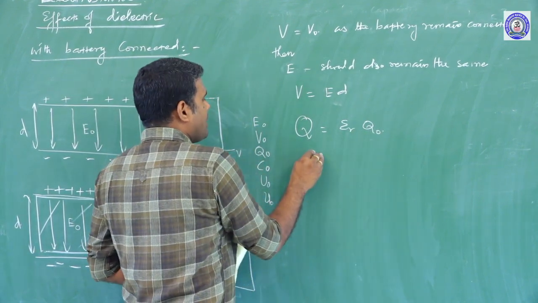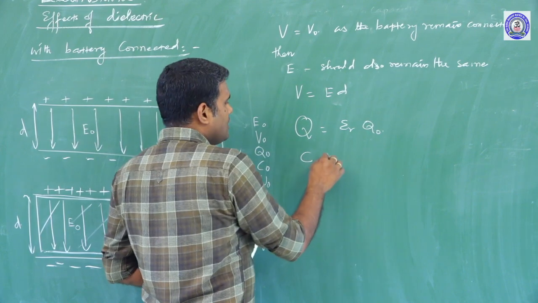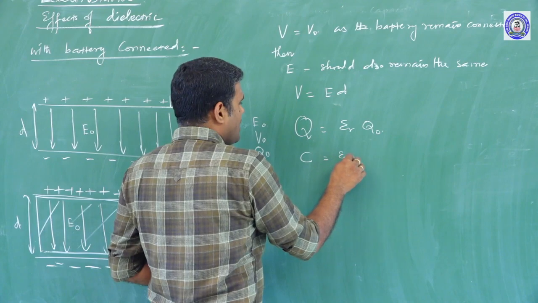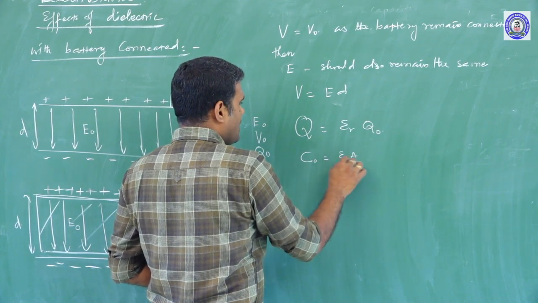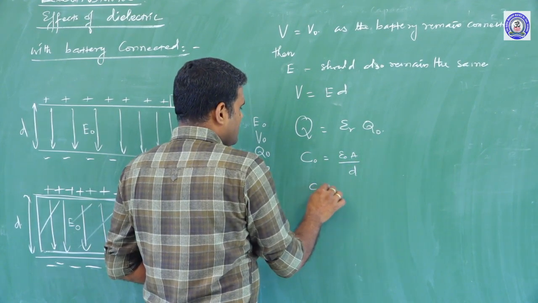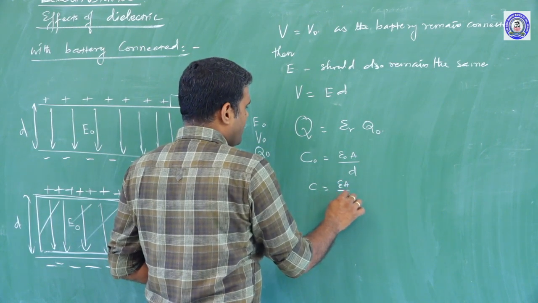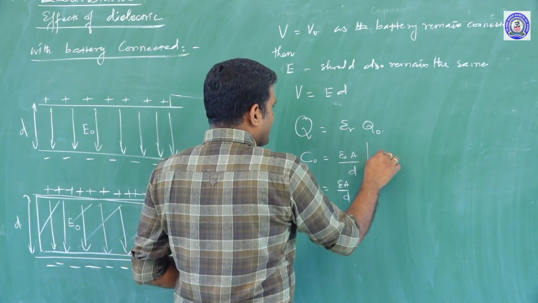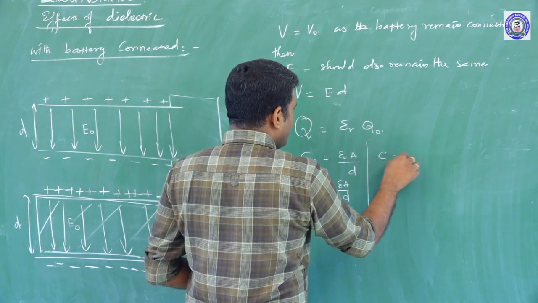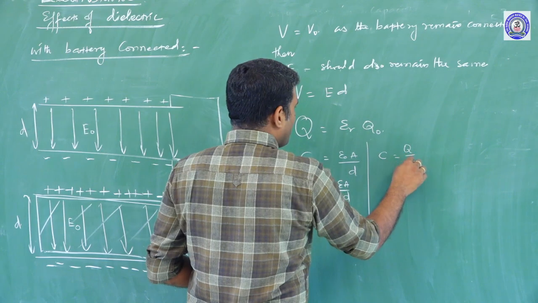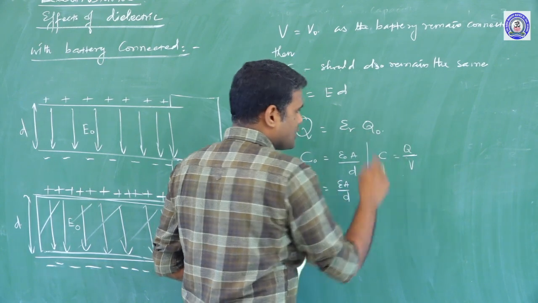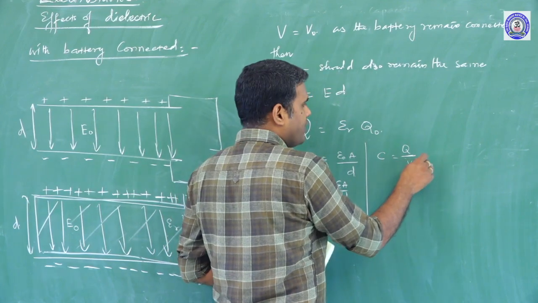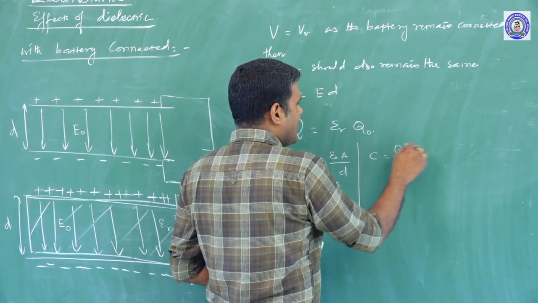What will happen to the capacitance of a parallel plate capacitor? C naught equals epsilon naught A divided by d. C equals epsilon A divided by d. And in this particular case, with the introduction of dielectric, capacitance C equals Q divided by V. What happened to the charge here?